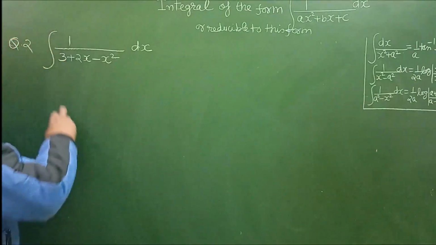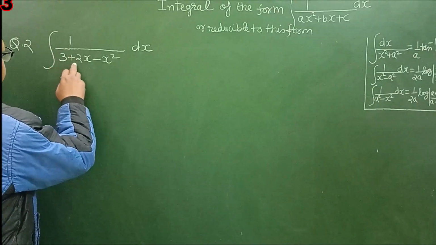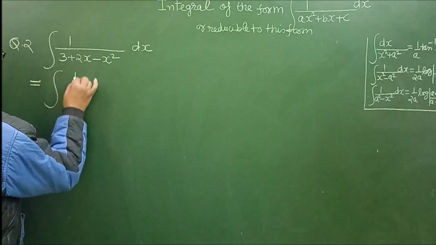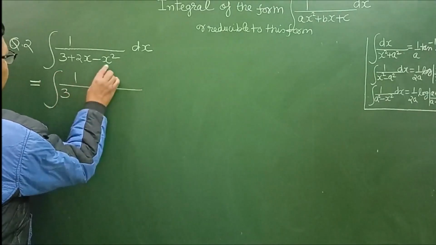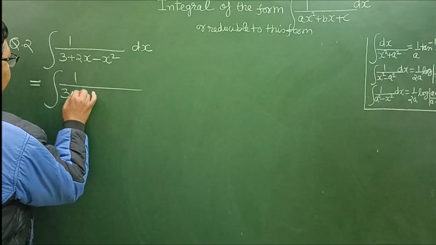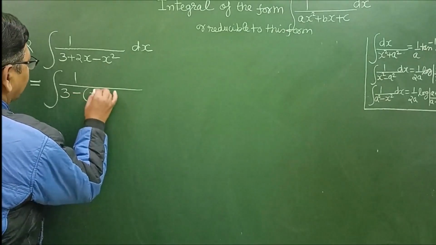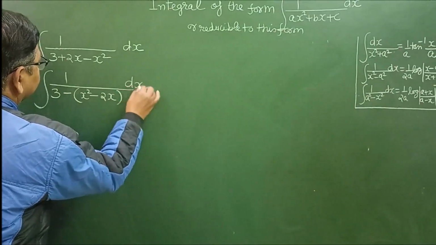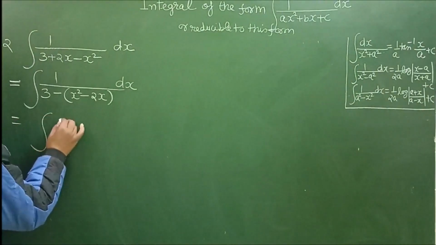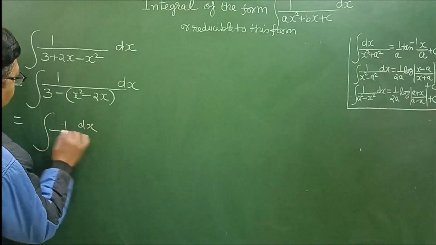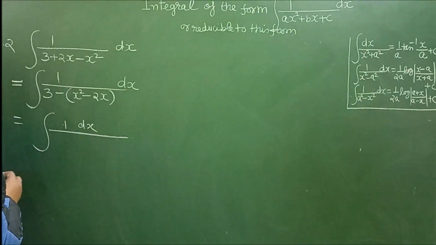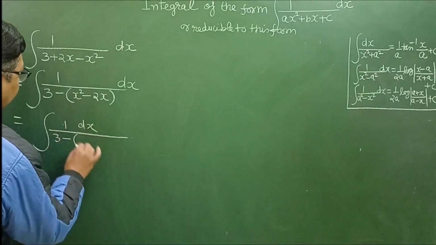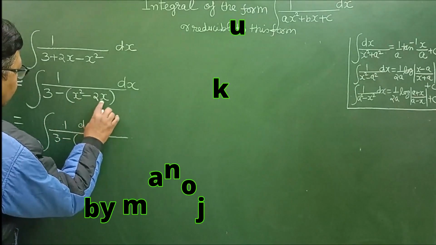Next question, integral of 1 upon 3 plus 2x minus x square dx. Now this is equal to 1 upon 3, and to make the x square term positive, take minus sign common, x square minus 2x dx, which is equal to 1 upon 3 minus this x square minus 2x. Now add the square of half of the coefficient of x, that is 1.